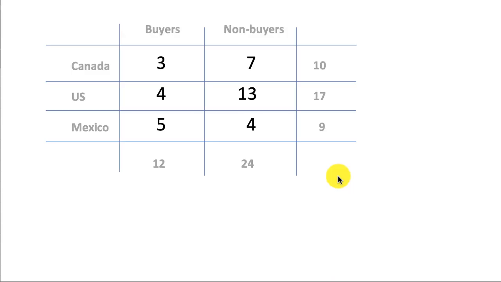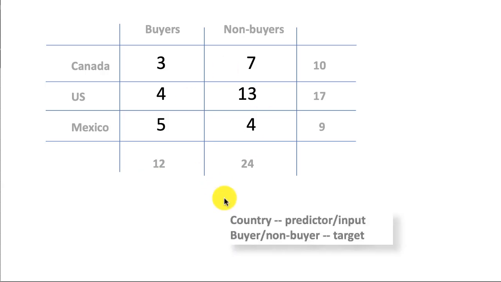Okay, so the diagram that we've been looking at in terms of the countries and buyers and non-buyers so far, that can also be expressed like this, right? So you've got Canada, which is the country. There are 3 buyers, 7 non-buyers, for a total of 10 Canadians. US has 4 buyers and 13 non-buyers for a total of 17, and so on, right? So that same information, which we looked at to calculate conditional probabilities, we can look at like this as well.